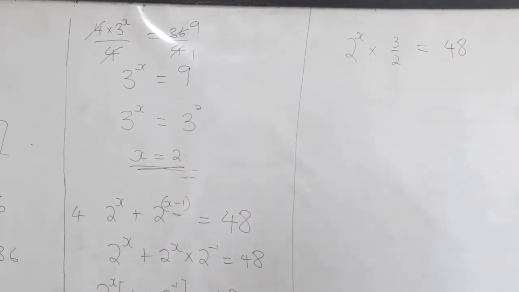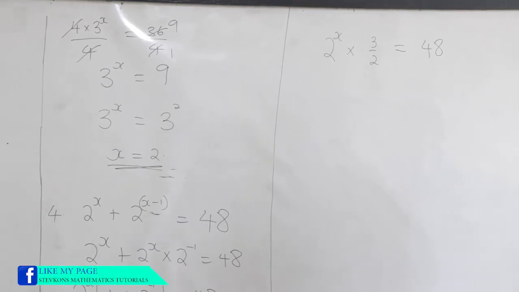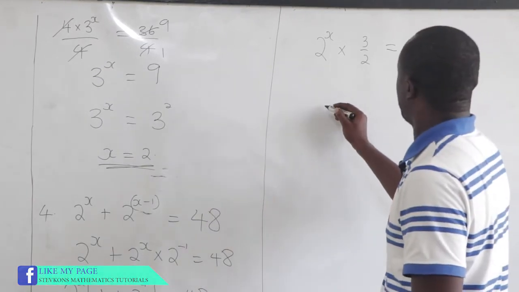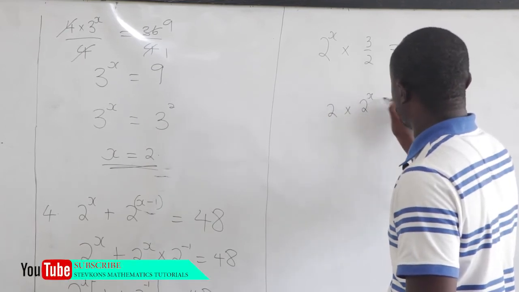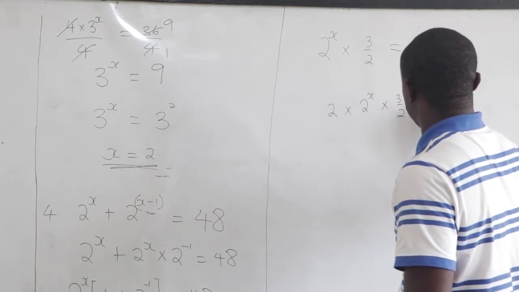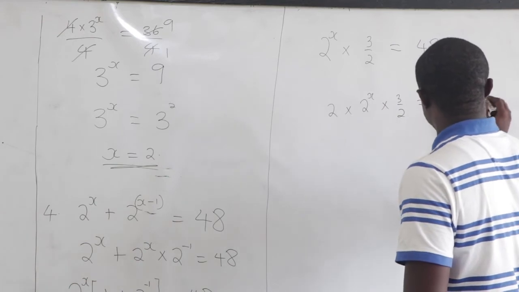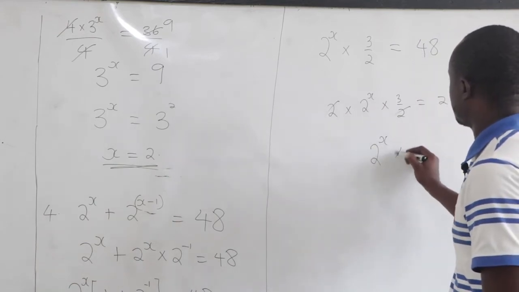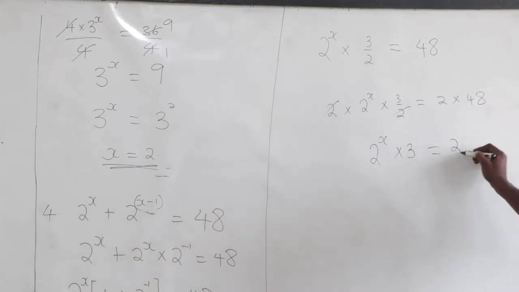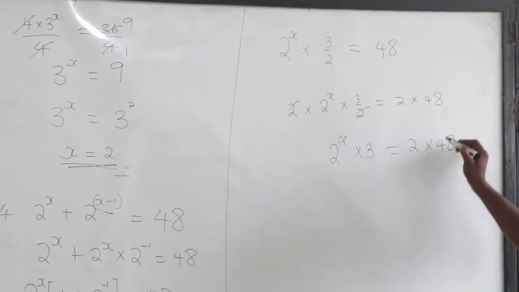We can multiply through by the LCM, which is 2. So here it is the same as 2 times 2 to the power x times 3 over 2 equal to 2 times 48. This will cancel that. So we have 2 to the power x times 3 equal to 2 times 48.